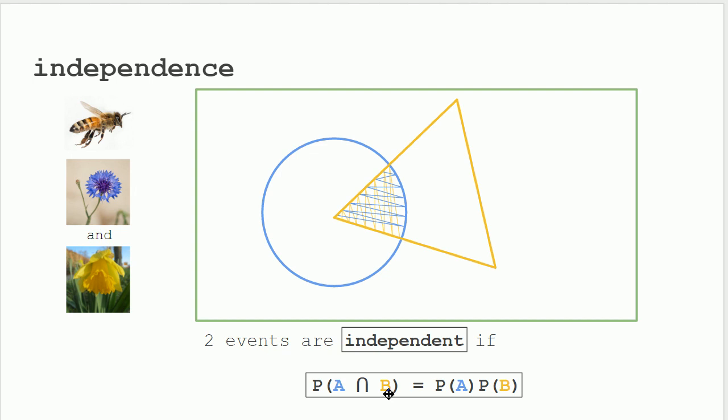Okay, there is no preference whatsoever to, for example, chemotax towards these flowers. It's simply flying randomly and looking down and seeing, oh, what do I see? Okay, it's not using any senses. It's not trying to move to one flower or the other. And so if these two events are independent, then the probability of the intersection of these two events is equal to the multiplication, the product, of these two probabilities by themselves.